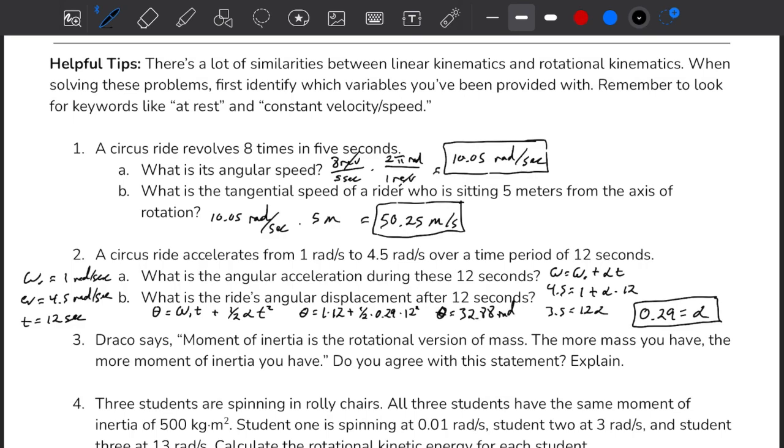Looks like I got 32.88 radians, the unit of theta.